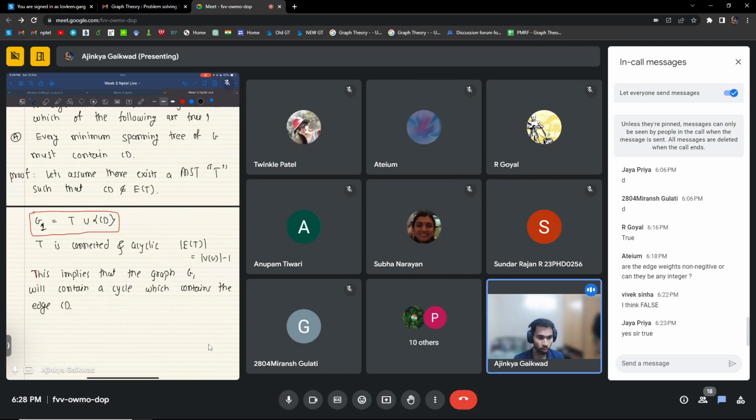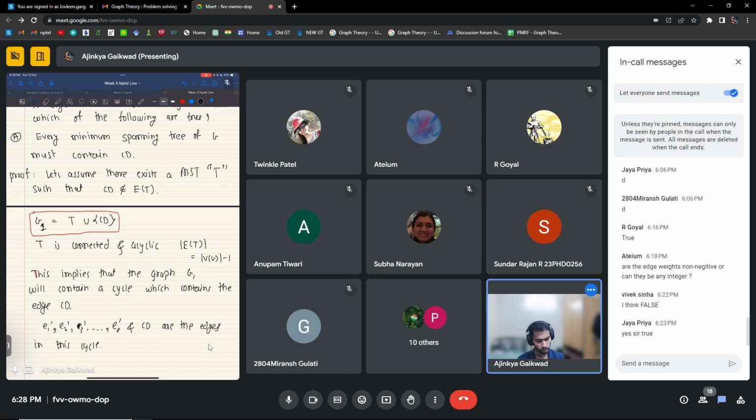Now, I have a cycle in my graph G1 which contains CD. Let's say E1 prime, E2 prime, E3 prime, dot dot dot, EL prime and CD are the edges in this cycle. I don't know what edges it is containing; it could be anything.